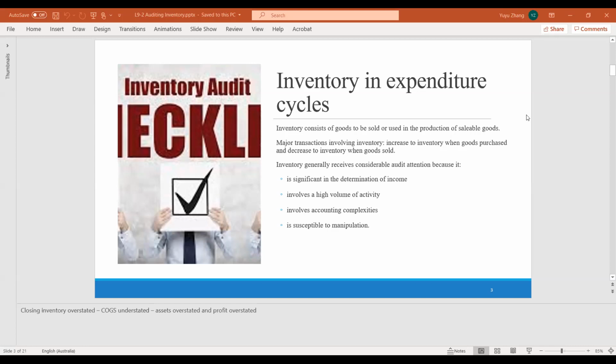Inventory tends to be very high volume, and the inventory valuation process also tends to be quite complex. Inventory exists in the accounting books and also exists physically, so there are a lot of ways to manipulate it. It is subject to manipulation. That's why the inventory account, after sales and purchases, is the 3rd most important account for the conventional audit.